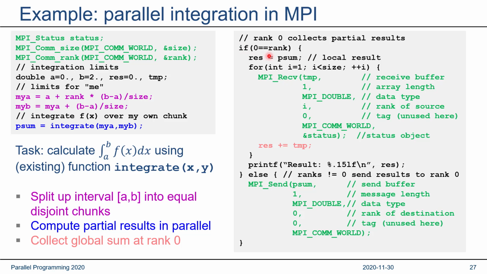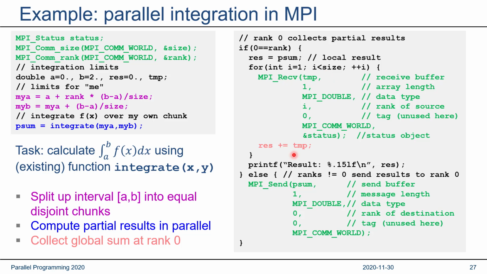So if the rank is 0, which we determine here with this if condition, we assign the local result psum to the global result variable res, and then we have a loop here from 1 to size minus 1. This is a loop over all the communication partners, over everybody else that's part of the communicator, and these of course are the ranks from 1 to size minus 1.